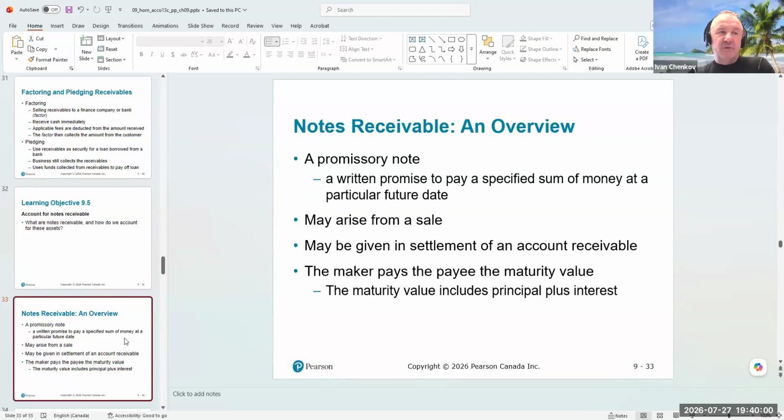He may issue, and you may receive, a note, which entitles you to the principal, or the amount of the sale, plus additional interest for the time that your cash is used by the other party. Again, it can happen with sales and with the settlement of accounts receivable. So an option for accounts receivable is to be converted into note receivables.